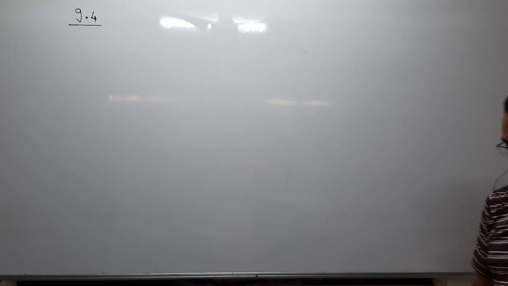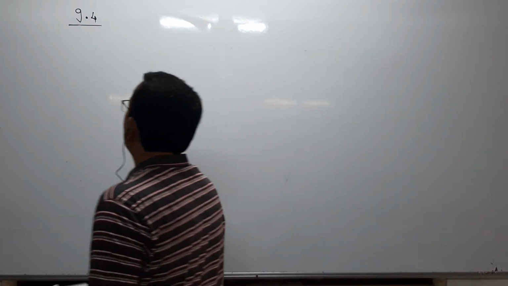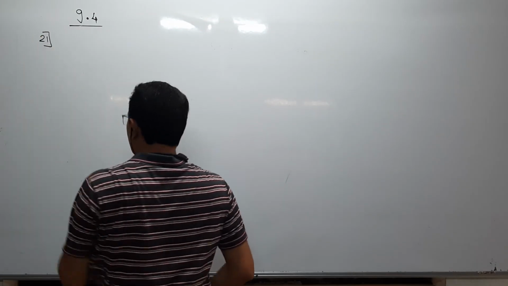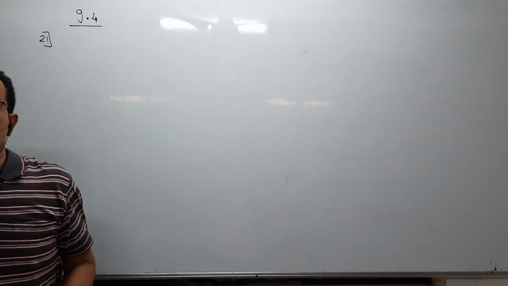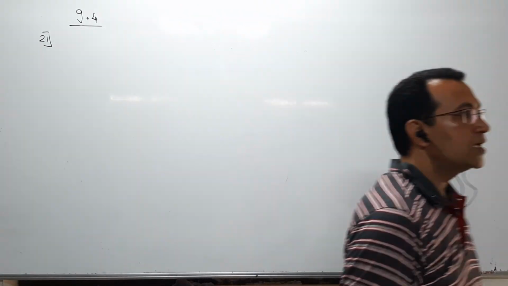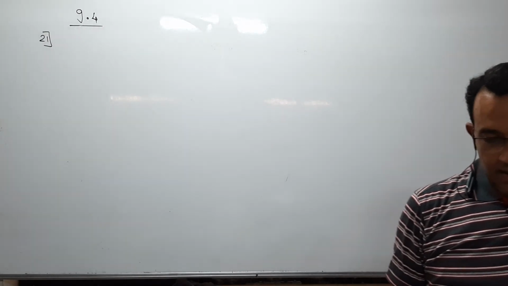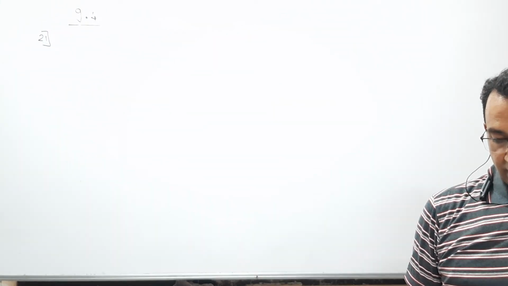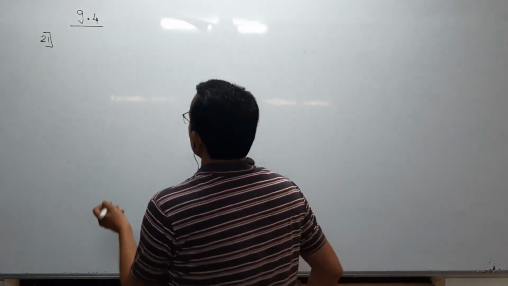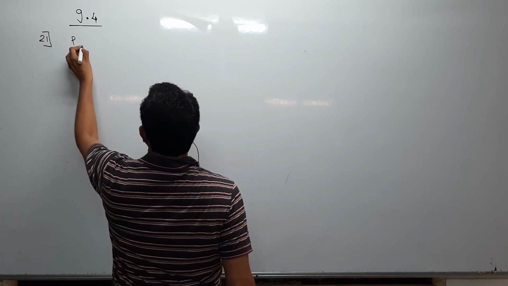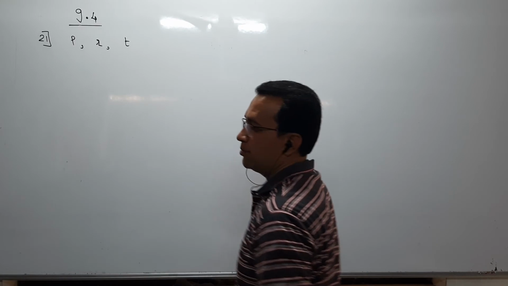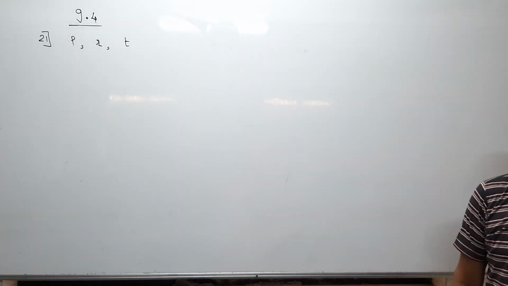Okay, students, now the next word problem is number 21. In a bank, principal increases continuously at the rate of 5% per year. Here R is given as 5%. So P is the principal, R is the rate of interest, and T is the time period, which I am not reiterating again.